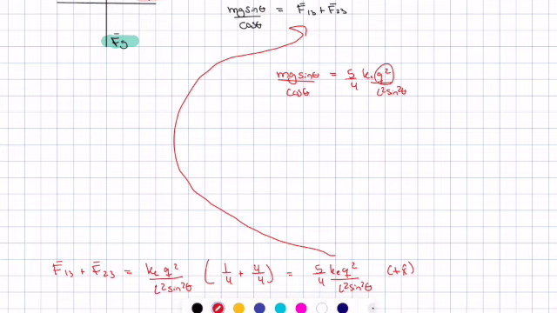That's pretty simple at this point. Okay, so that is our answer for q. And now you just have to really plug everything you have in, like all your actual numbers, and you should get 1.98 microcoulombs.